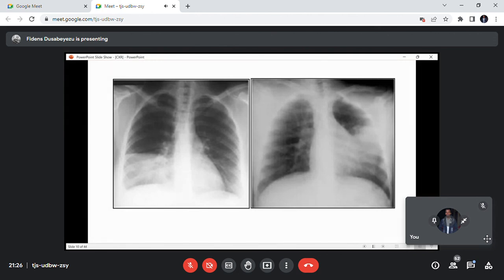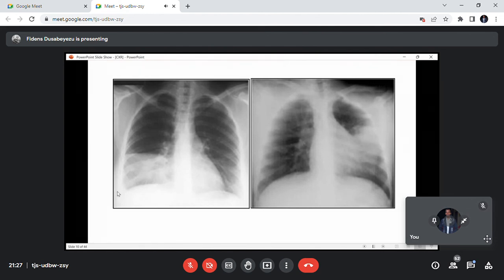But for you to differentiate those two, there are some signs in radiology you have to know. Like for those 2 films, you can see that there is an opacity here, but when you look at it, it is limited by a fissure, the horizontal fissure, because the horizontal fissure normally goes from the hilum to the periphery. It is limited by the fissure, but there is a patch.